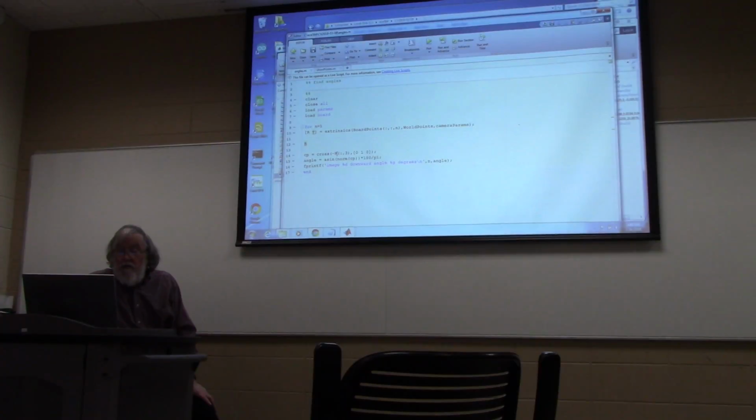And then I would calculate the arc sine of the cross product. I know these are unit vectors, so I don't have to worry about that. And that should give me the angle. But based on what we're talking about now, I think I want to change the sign and use the third row instead of the third column.